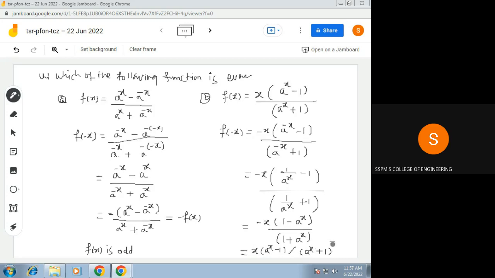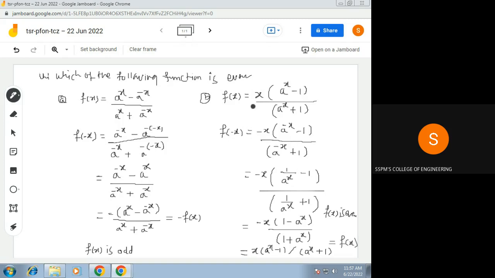It is nothing but the given function. Means f of minus x is f of x, so the function is even. Their second function is even.